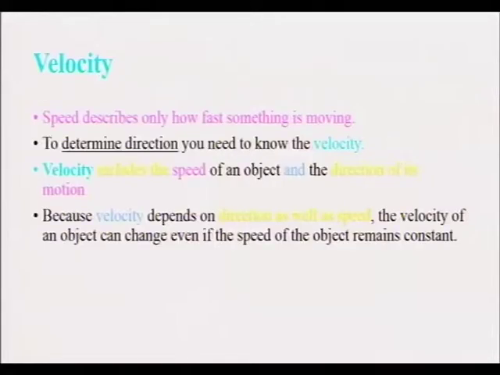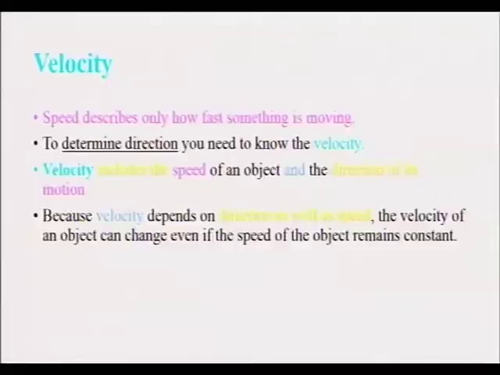Now, the next one we are always asked to calculate in our examination will be either speed, velocity, or acceleration. Let's look at velocity. Velocity describes how fast something is moving, but the difference between speed and velocity is that velocity looks at the direction. Is it going, is it coming, or is it heading south, east, west? That is the velocity we are talking about.